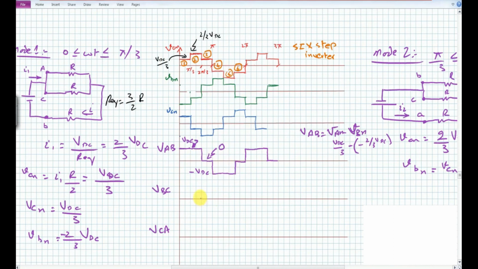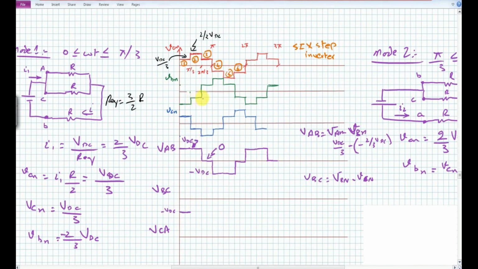For this VBC, we have VB of n minus VC of n. Now what is VB here? VB is minus 2 by 3, and VC is equal to plus 1 by 3 VDC. So that will become equal to minus VDC, and this is for this particular period of time only.